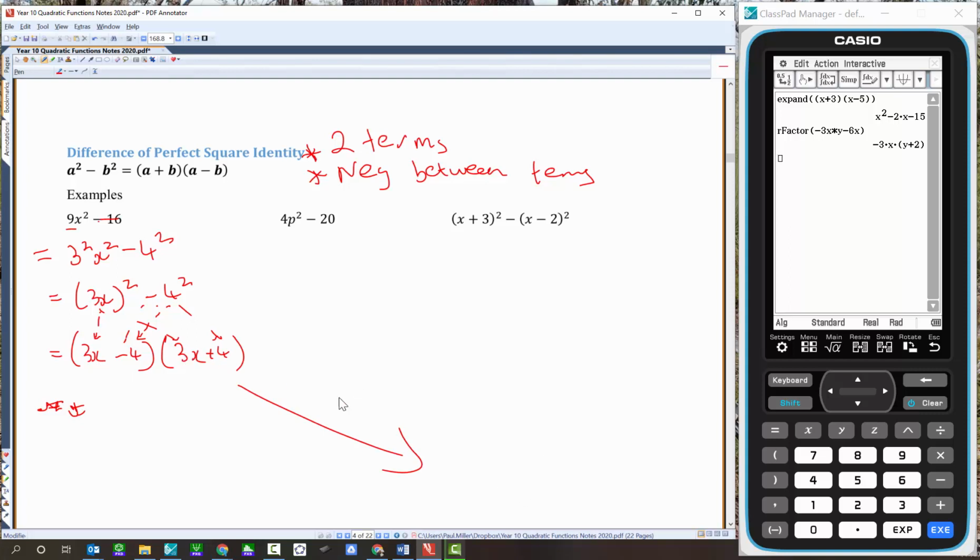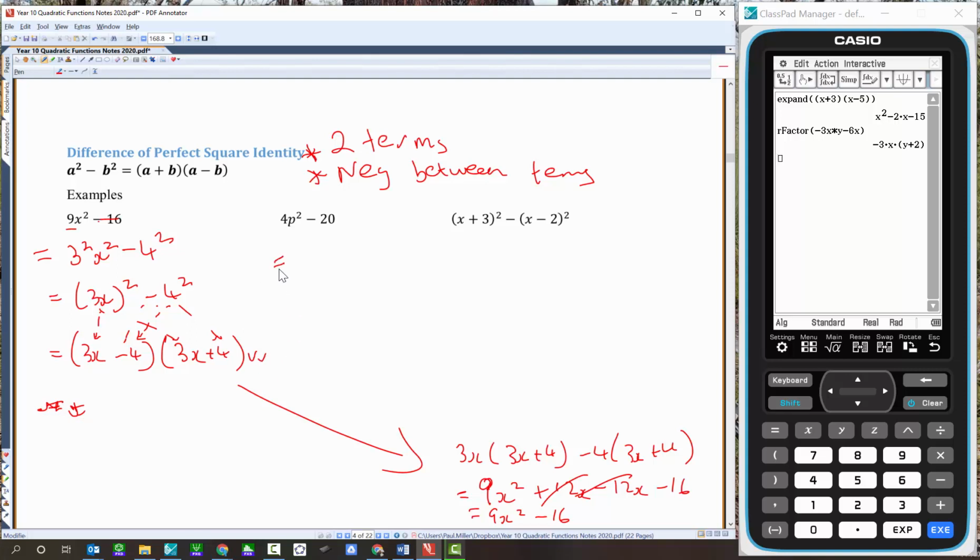So if we were checking it, it would be 3x plus 4 times 3x take 4, which was 9x squared, plus 12x, take 12x, take 16. Notice how those cancel out, giving us 9x squared take 16, which was our original expression.